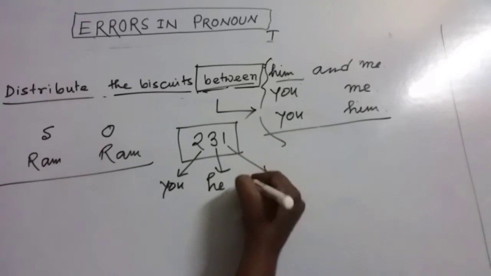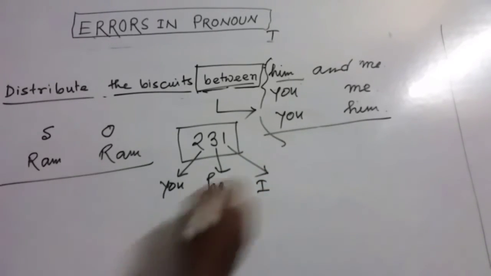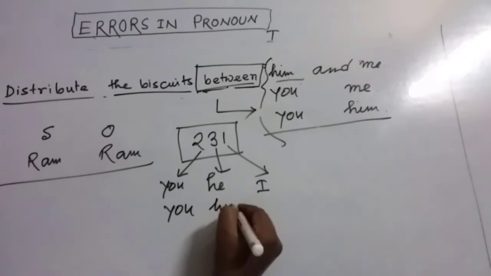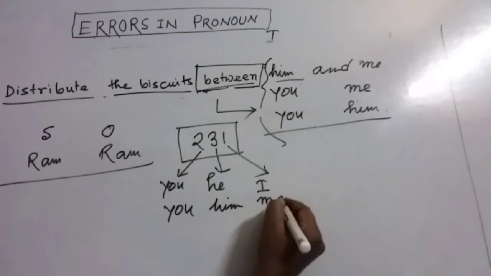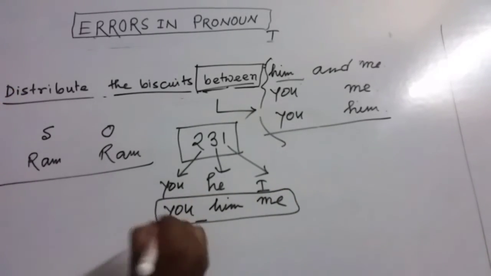And 1 means the first person, that is I. Actually, we have to use the objective form of these here. So you is you, he is him, and I is me. Actually, we have to maintain this serial.